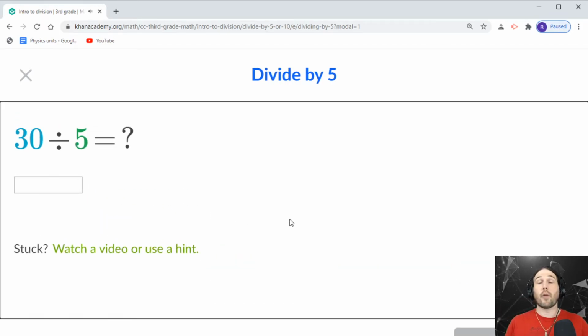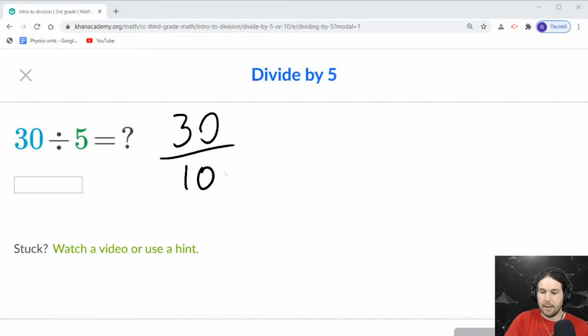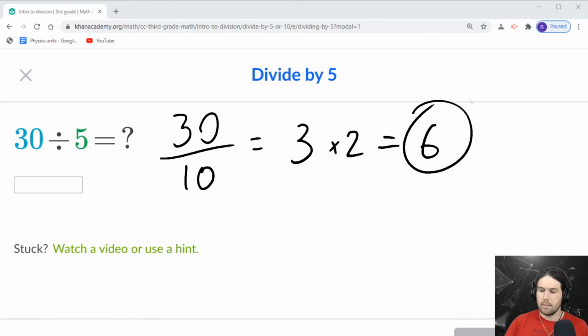Now here we've got a great example. We've got 30 divided by 5, so the method that I use in my head is 30 divided by 10, which is 3, right? Just take the 0 away, and then I double it. Those are my two steps.